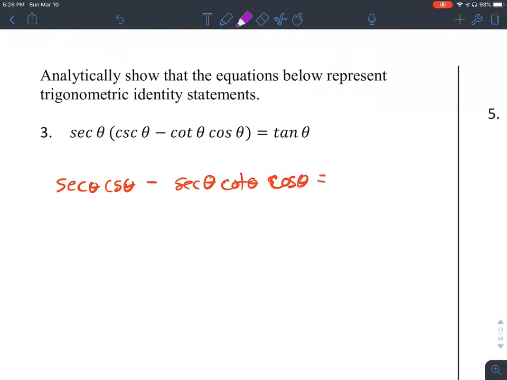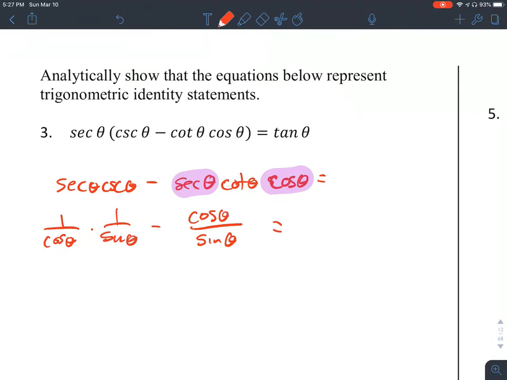Now, if you recognize right now, we are multiplying secant and cosine together. Those are reciprocals, so that becomes 1, and I can change cotangent to cosine over sine. Secant of theta times, I kind of wrote this poorly, my apologies, secant of theta times cosecant of theta is going to be 1 over cosine of theta times 1 over sine of theta.